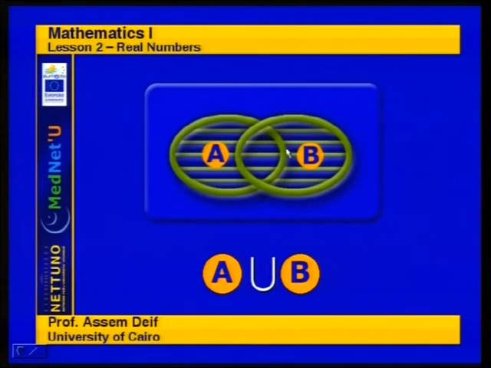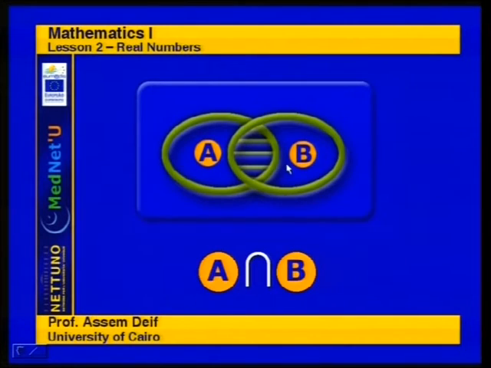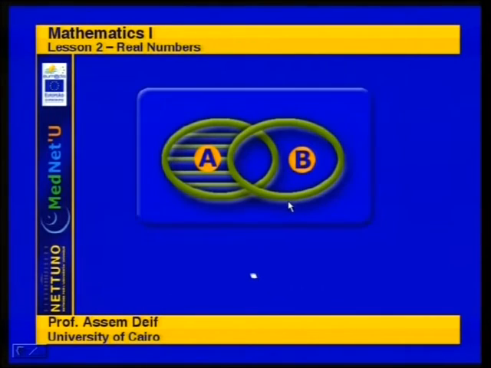It allows you to set relations much more quickly than just saying X is here or X is there. They define first the union of two sets, meaning that X lies either in A or in B. This is the shaded area like this. Or X lies in both A and B, which is the shaded area between the two sets, or X lies in A but not in B, like this one here, the shaded area here.